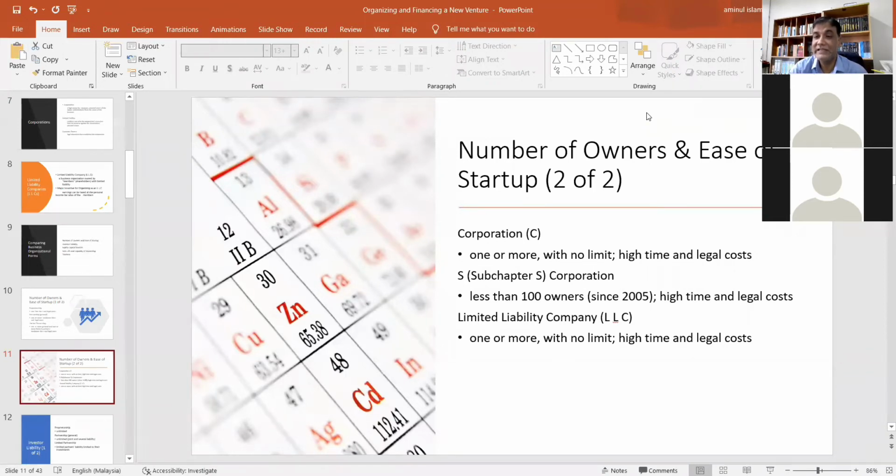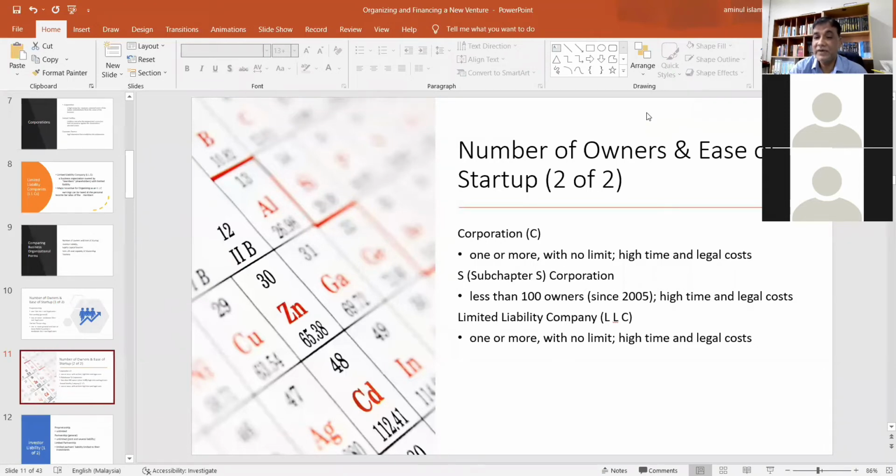You've got to be listed, and there are many other legal frameworks that you have to go through. So it takes a longer time, and the cost is also higher. It's a very rigorous process, following the rules and regulations, filling up many required forms, before you are registered as a C corporation.